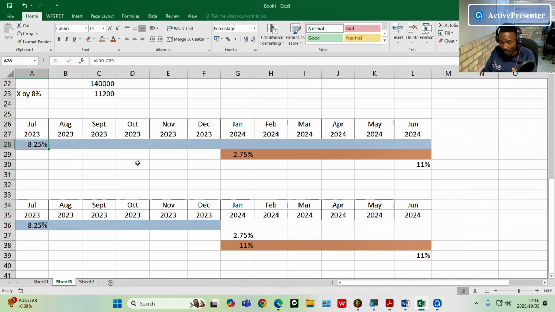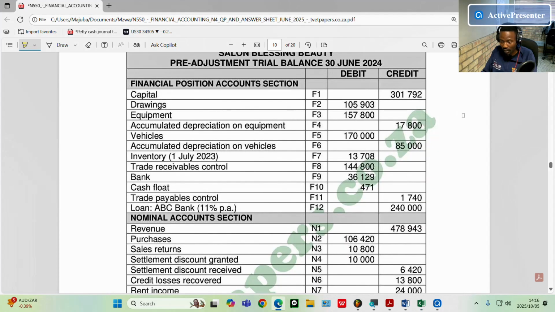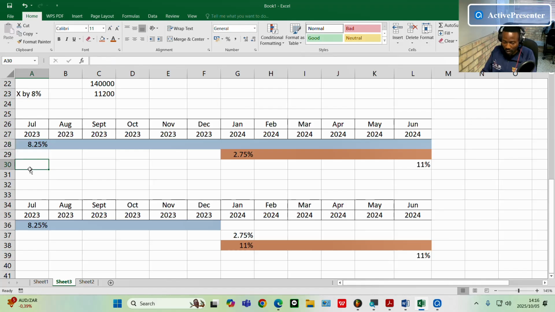We take the amount, which is 240,000. Remember, we are starting with the 8.25, which stayed for 12 months. Take the 240,000, multiplied by 8.25% times 12 over 12. Remember, this one stayed for 12 months. So that's how we got 19,880.